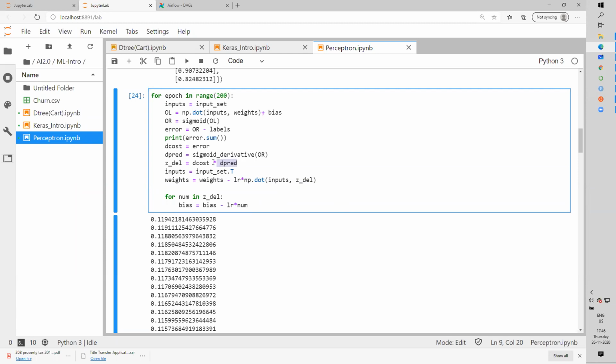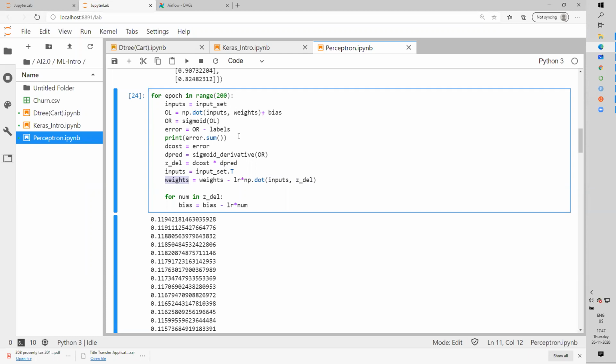Here we have computed the gradient only up to the first two, that is with respect to the error and with respect to the OR, and we need to multiply this with respect to W1. So for that multiplication, we are performing a matrix multiplication here. So our weights will get updated.